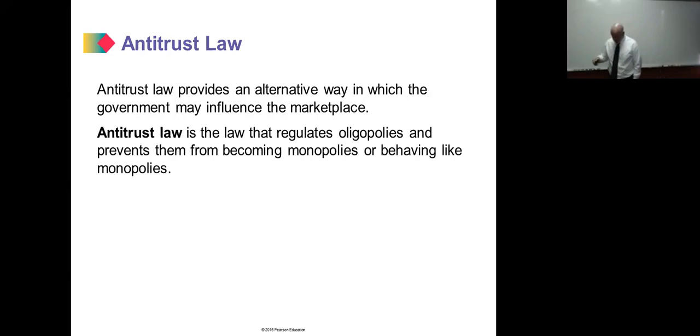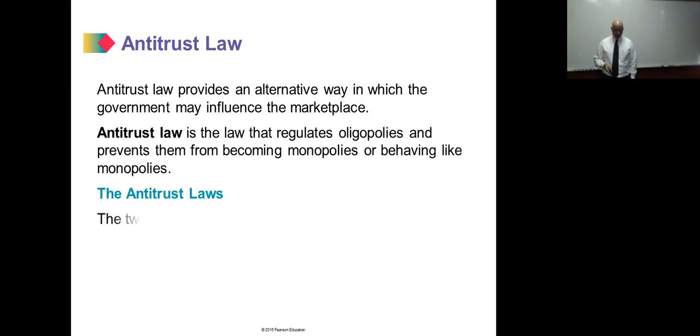Remember, we use the Herfindahl Index when we decide whether or not monopolies exist or whether a monopoly is slowly forming. We would still use the Herfindahl Index in order to review oligopolies.